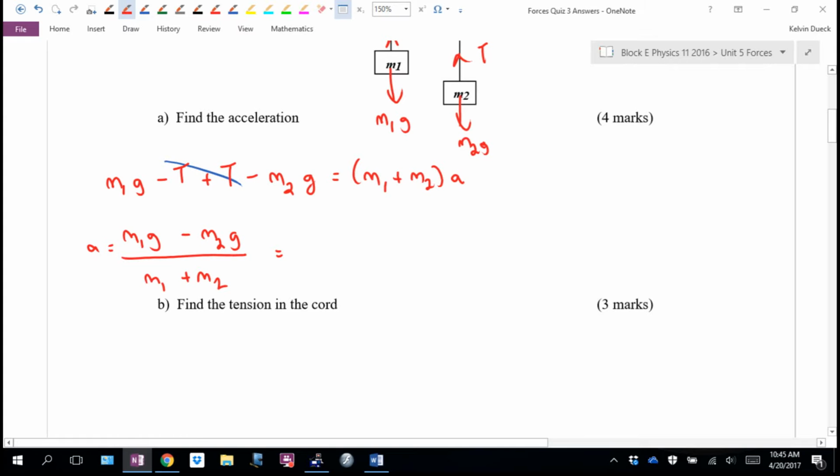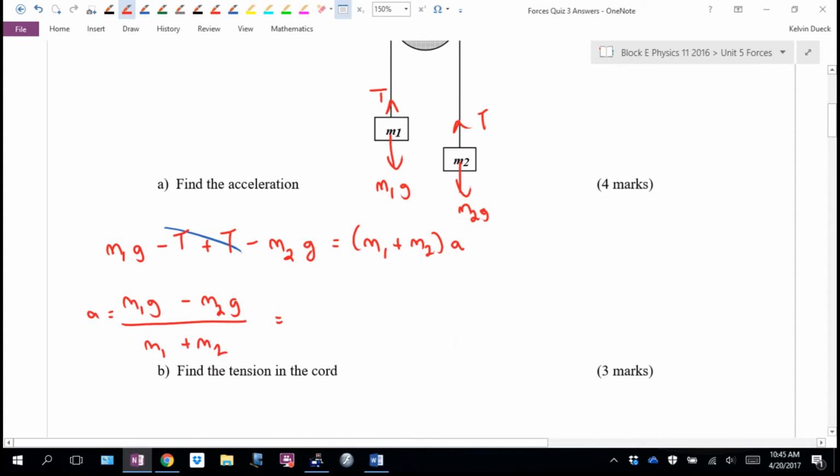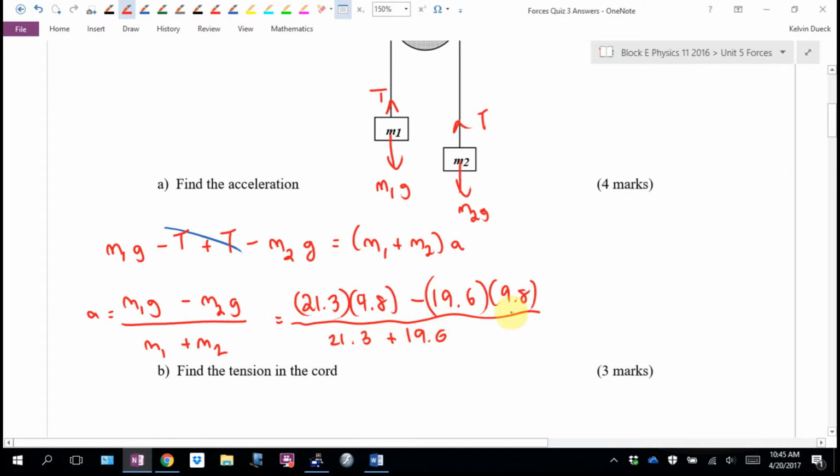M1, 21.3, M2 19.6. 21.3 times 9.8 minus 19.6 times 9.8, all divided by 21.3 plus 19.6.